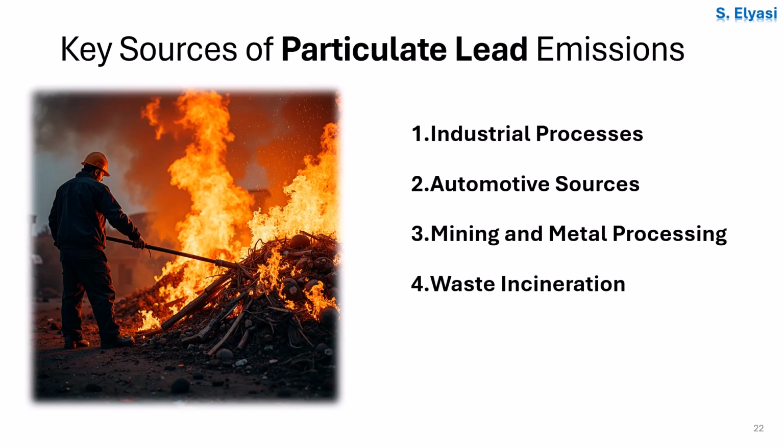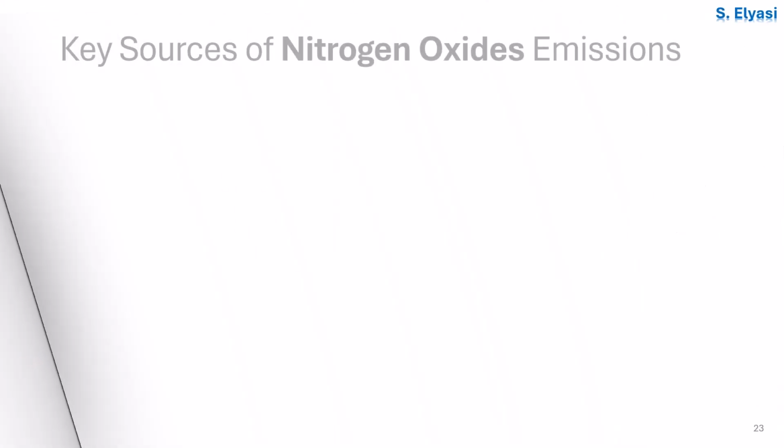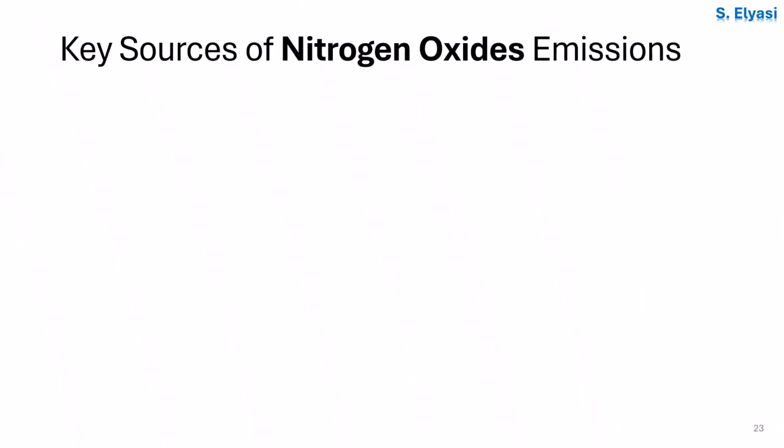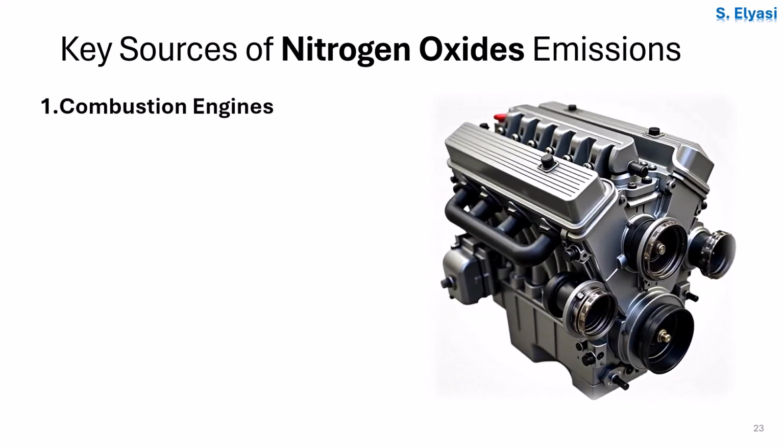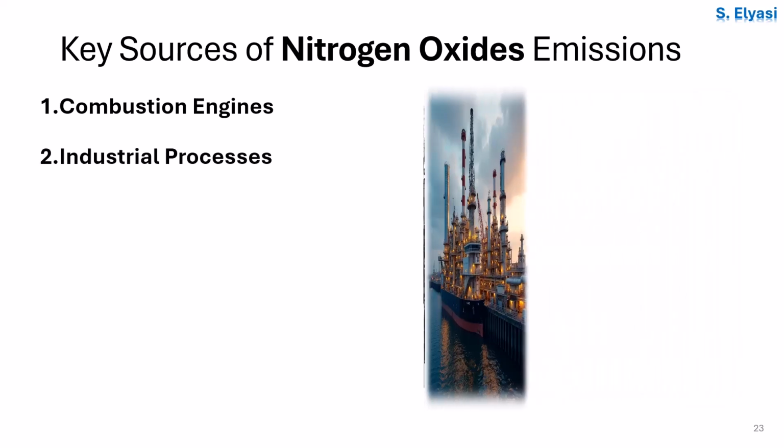when inhaled or ingested. Nitrogen oxides, including nitrogen dioxide (NO2) and nitric oxide (NO), are significant air pollutants that arise from several sources. Combustion engines. The primary source of nitrogen oxides is the combustion of fossil fuels in internal combustion engines such as those found in cars, trucks, and motorcycles. Industrial processes.